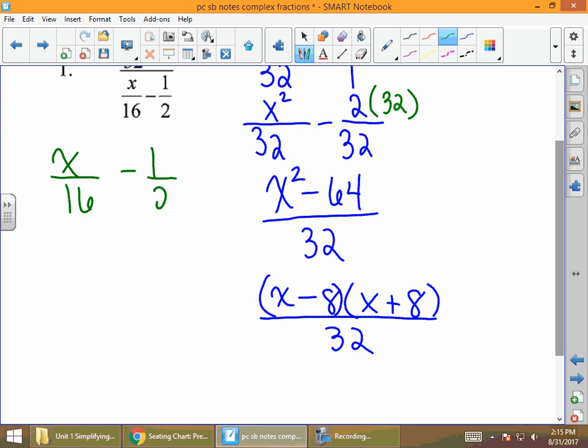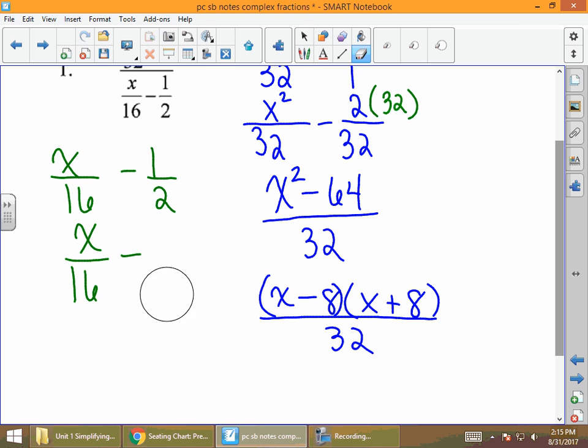And when we simplify x over 16 minus 1/2, once again, what we're trying to do is find the common denominator. It's a little bit better because it has numbers in it. But what's the common denominator between 2 and 16? It's 16. Ask yourself, does 2 go into 16 evenly? And it does. So this first fraction stays x divided by 16 because we didn't put anything into the denominator.